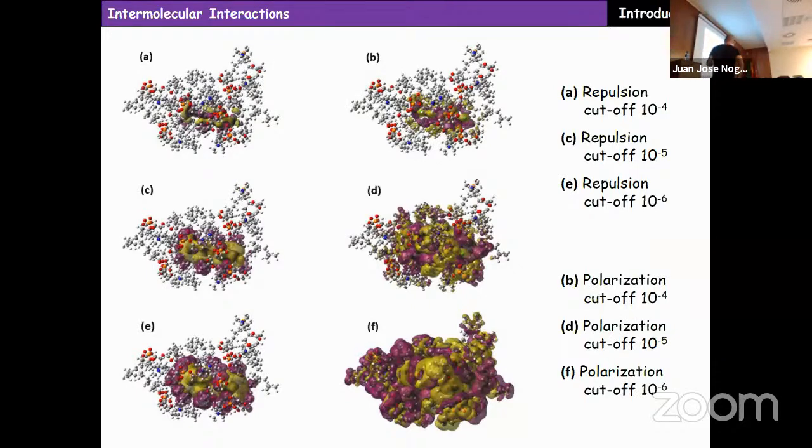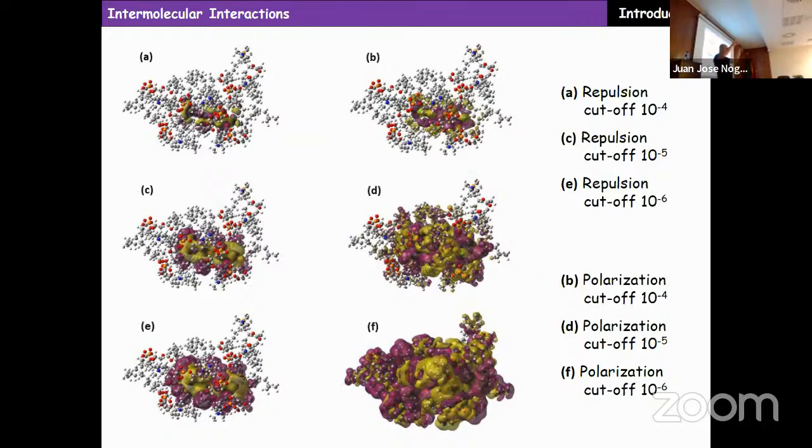Well, this is a representation of the Pauli repulsion density. When you have Pauli repulsion, there is a change in the electron density, mainly in the overlap between the electron densities of one fragment and the other.